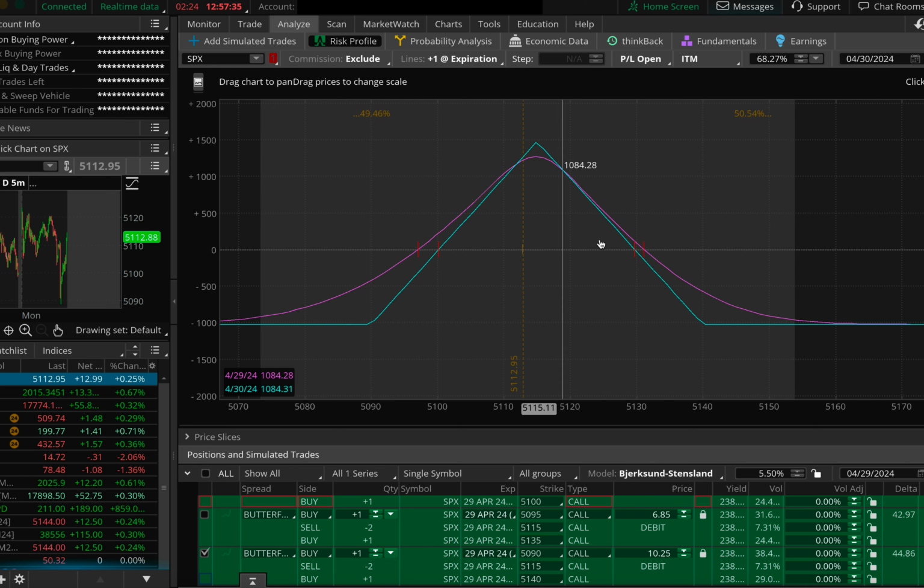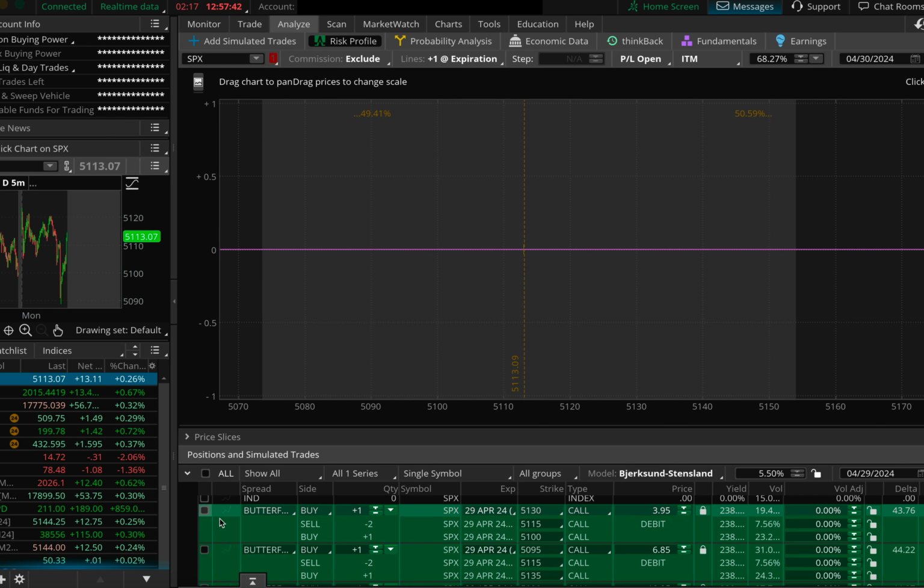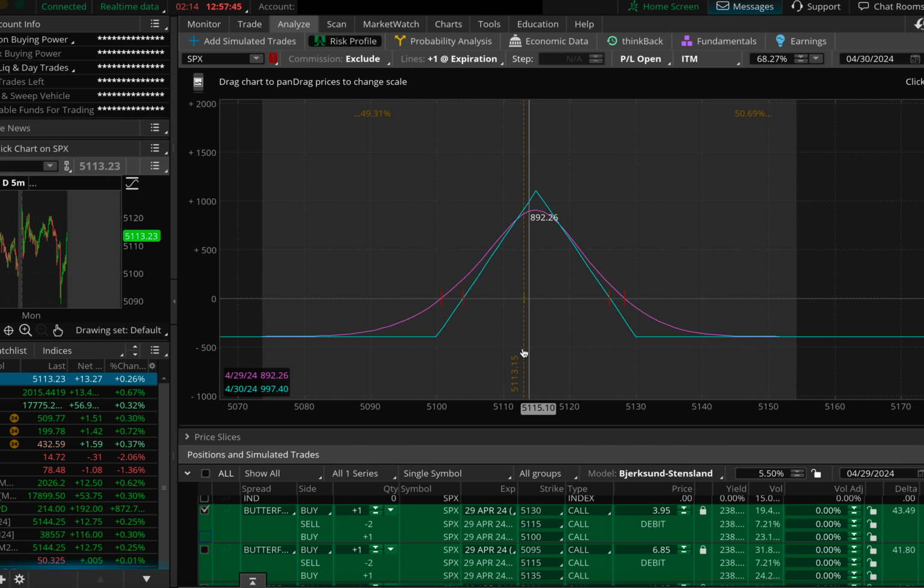We have 2 minutes and 20 seconds left. Let's just go through these numbers again real quick. This is the 15-point wide butterfly, showing a profit of $875 with a couple minutes left in the market.